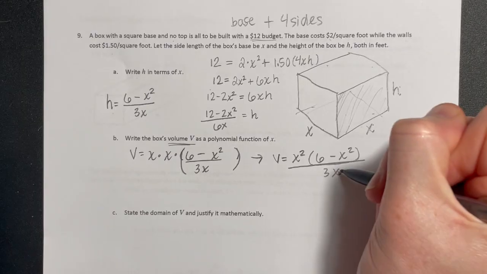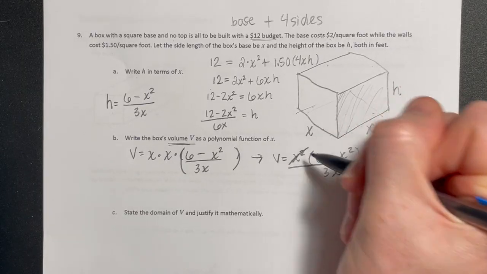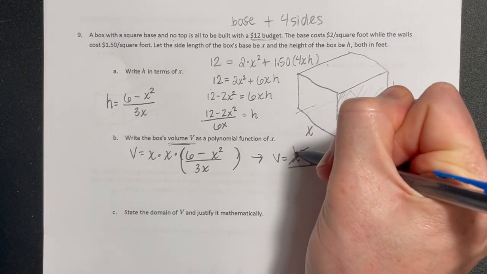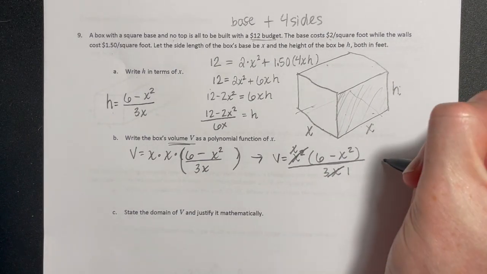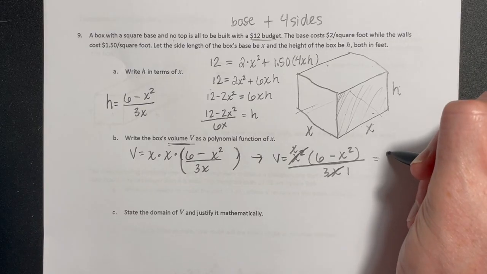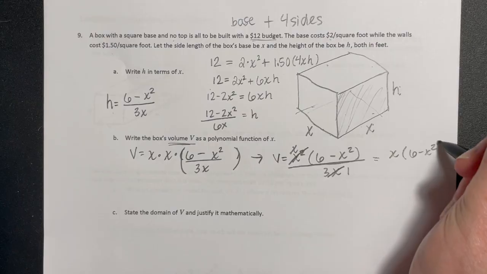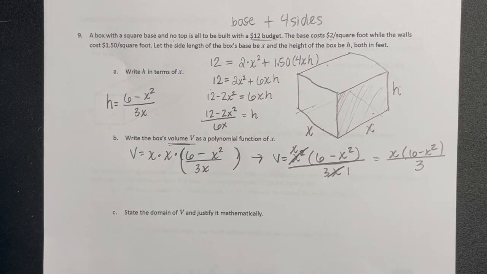X squared over x would reduce to just x over 1. So that would simplify to x times 6 minus x squared over 3.